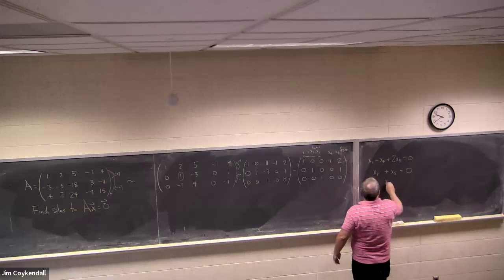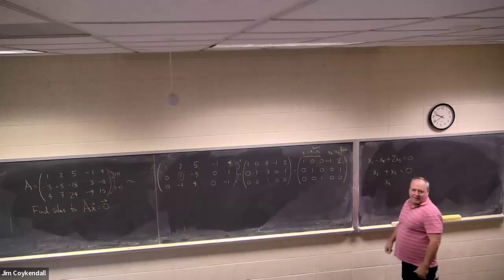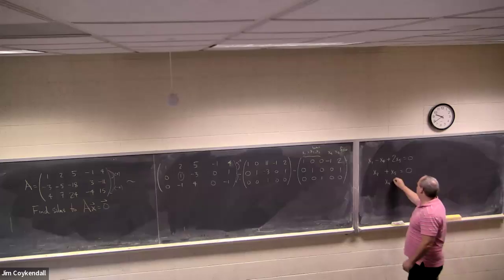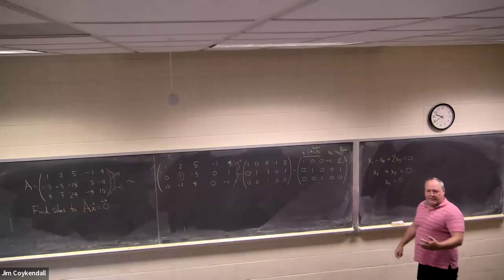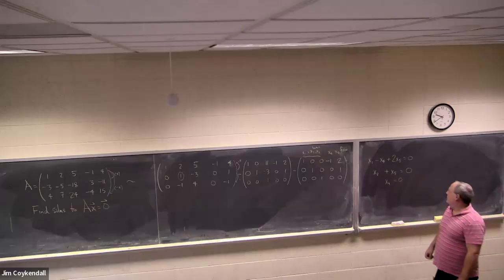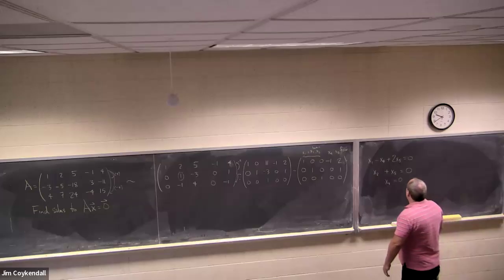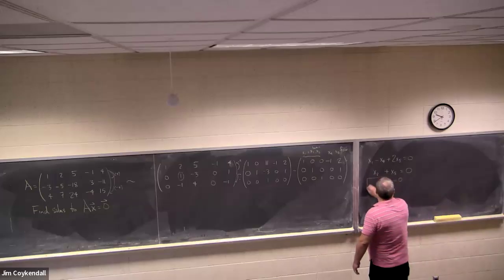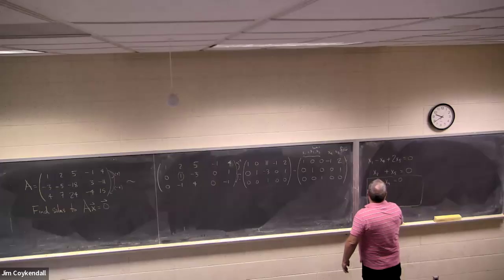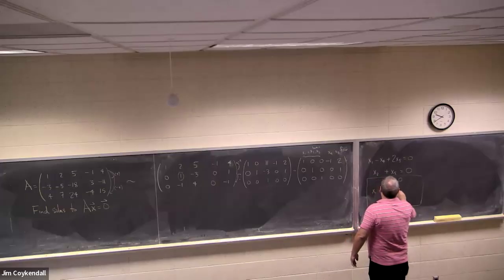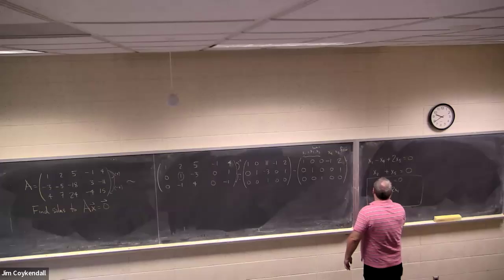And what's the last one? X3 is 0. That's right. So no matter what, my X3 always has to be a 0. These first 2 allow me to write the other 2 basics in terms of the frees. And X2.